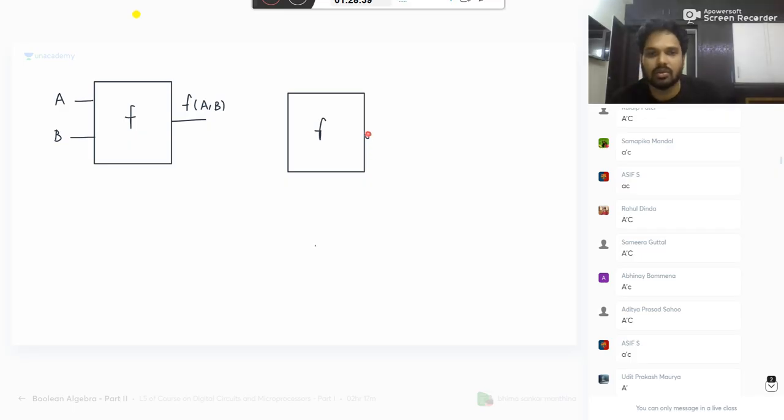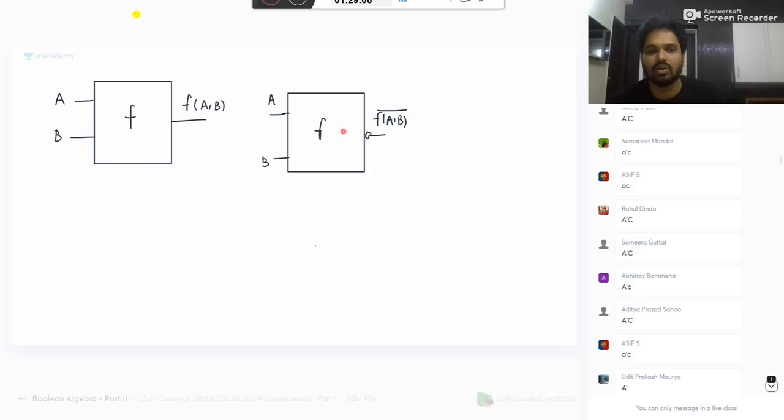Okay, bubble means inverter. So if you take 1 minute, just wait for some time, all your doubts will get cleared. What is this? Right, ready. So it is function f of AB whole bar. Okay.